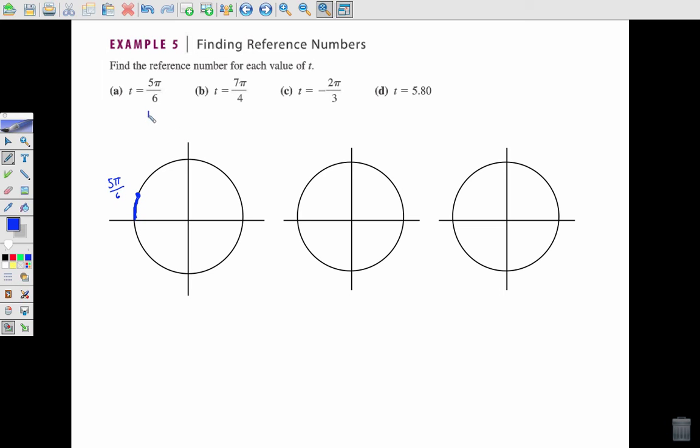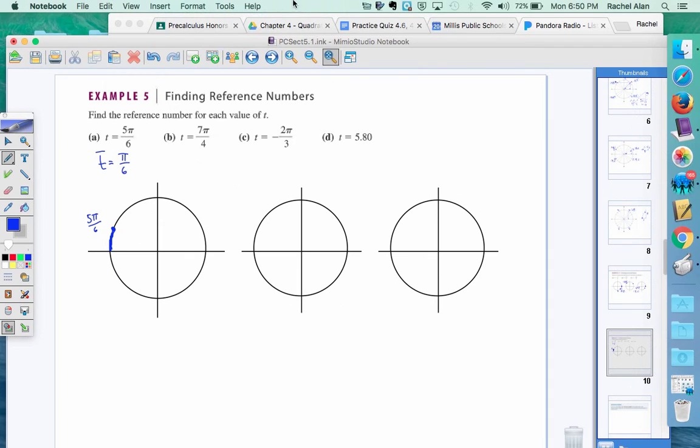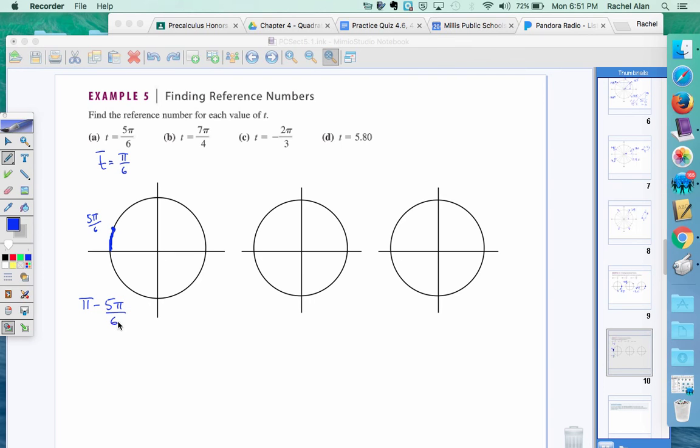So this distance right here is going to be pi over 6. So t bar is pi over 6. The distance along here is pi minus 5 pi over 6, or just pi over 6.